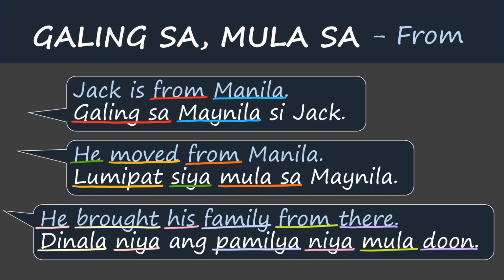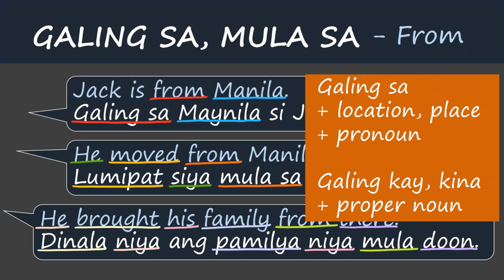Whenever we use prepositions or pang-ukol in Filipino, we follow some rules. For example, in using galing or mula, it is followed by the word sa whenever the next word is a location or place, such as in the example that you see, from Manila, galing sa Maynila.